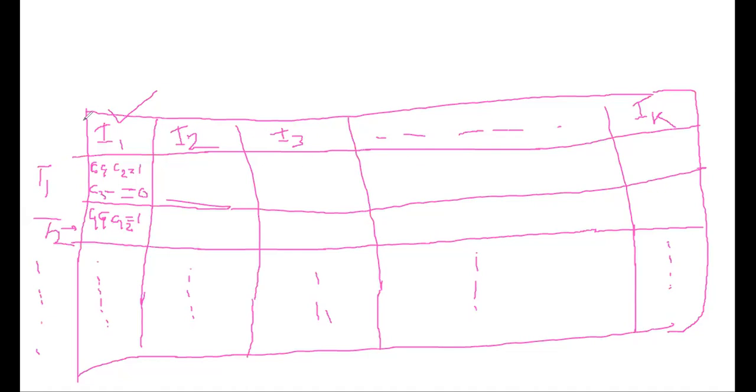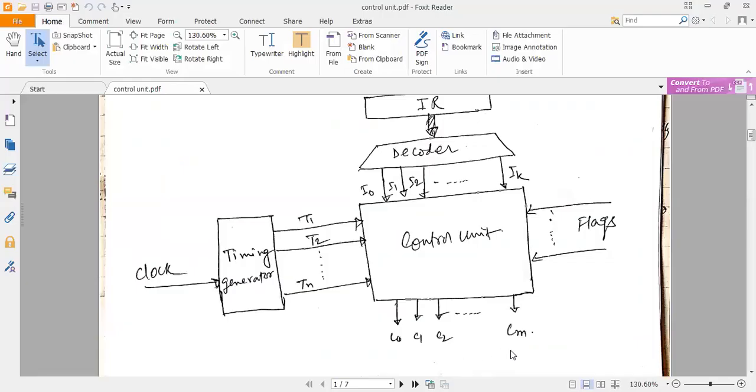Hardware engineers design the table, and accordingly they go for designing the hardware. So this is the method actually. Right now you need not design. This is your C0, C1, C2, CM, that is nothing but your set of signals or the control word.